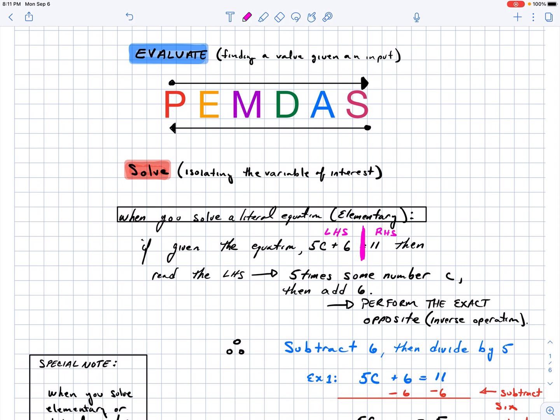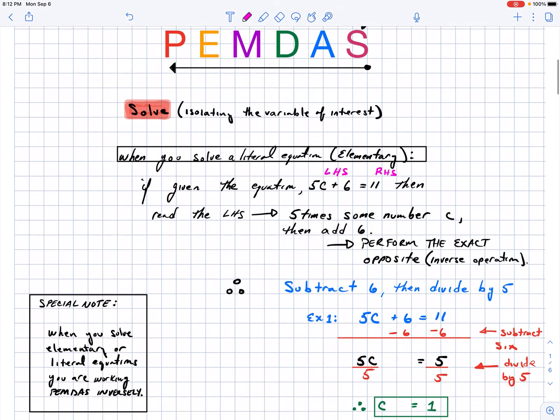So one way to look at it is we're saying 5 times some number c, that would be this piece right here, 5 times some number c, and then we're going to add 6 to that number. So that's what we're getting down here. So we just write it out in English first so we can get a better idea.